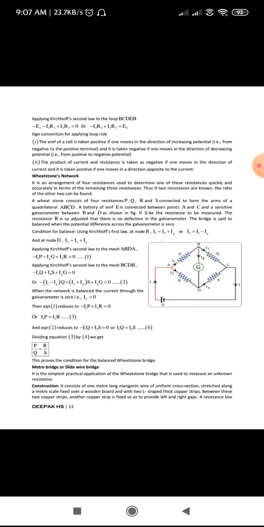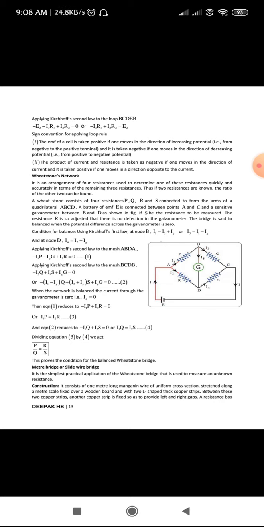So you come across this in your practical. Why do we call this one meter bridge or slide wire bridge? This bridge consists of a scale of 1 meter. You have a scale mounted on that bridge, which is of 1 meter, so we call it meter bridge, or slide wire bridge.